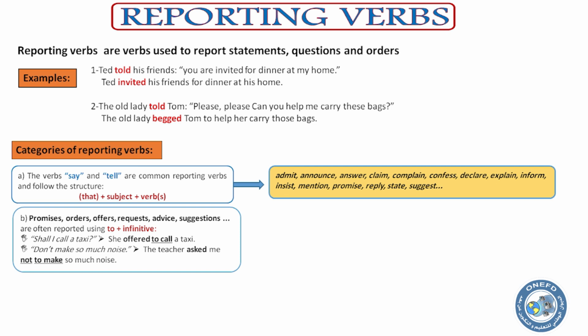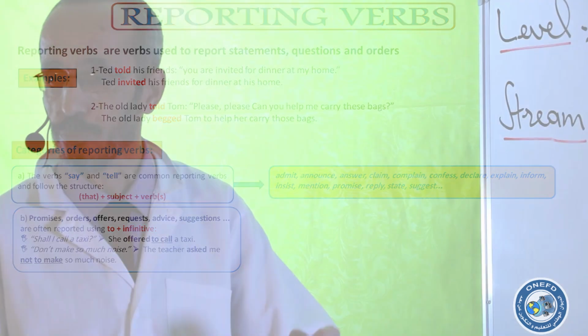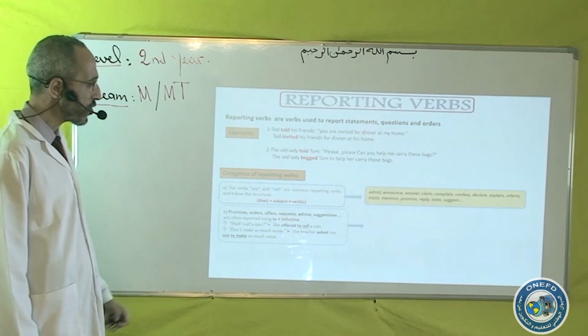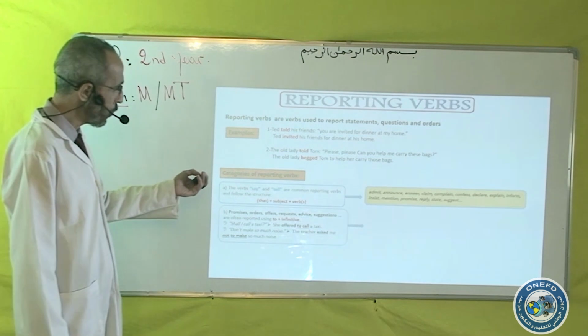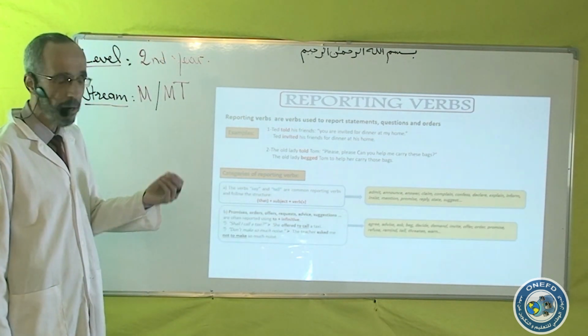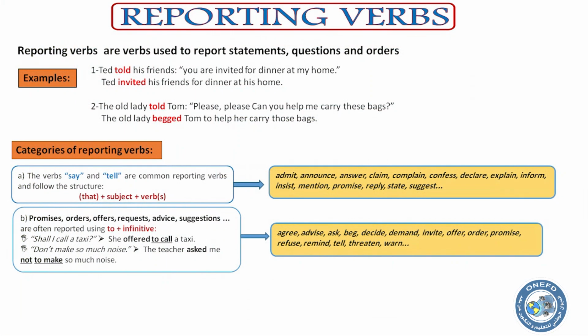After asked me, not to. It's another negative infinitive. Of course, we have a list of verbs which belong to this category. These verbs are agree, advise, ask, beg, decide, demand, invite, offer, order, promise, refuse, remind, tell, threaten, warn.